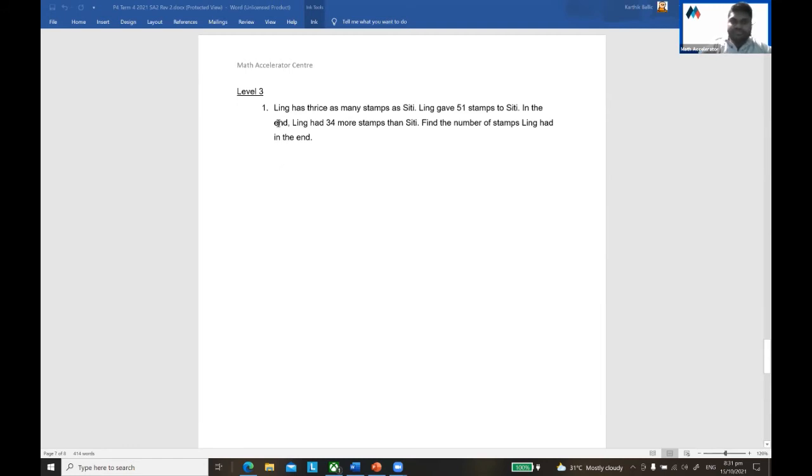Okay. So Ling has thrice as many stems as city. I want you to draw the 3 units and 1 unit just a bit bigger. Don't draw too small, just big enough for you to visualize properly.